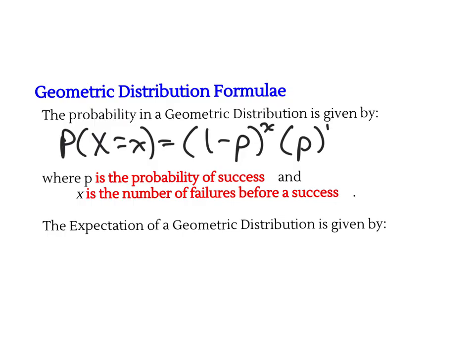The expected value of a geometric distribution is given by (1 − p)/p, or basically, the probability of failure divided by the probability of success.